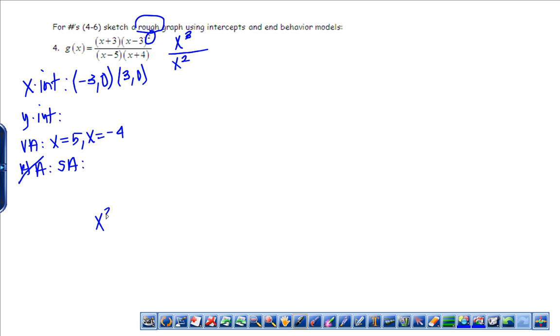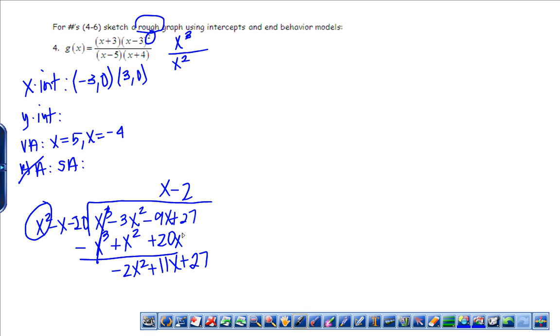So the inside is going to be x cubed minus 3x squared minus 9x plus 27. And then the outside is going to be the bottom, so that's x squared minus x minus 20.